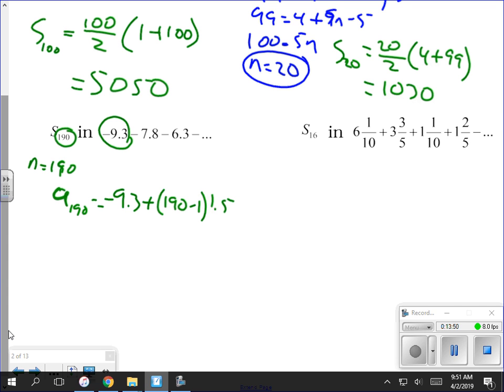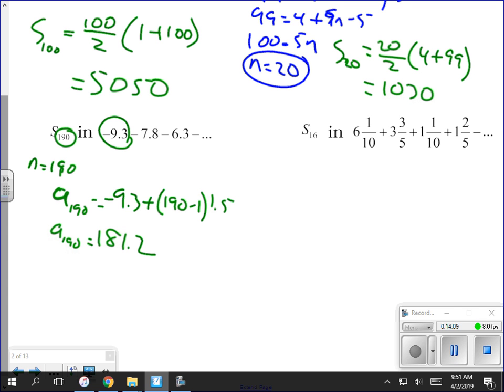So negative 9.3 plus 189 times 1.5, execute. So the 190th term ends up being 181.2. Now I have the three things I need.